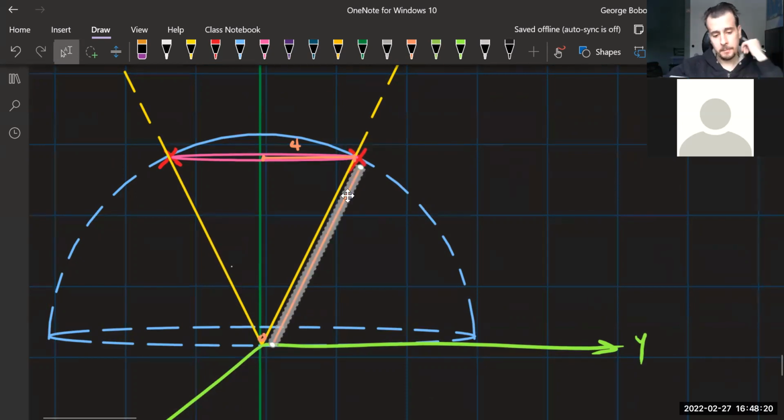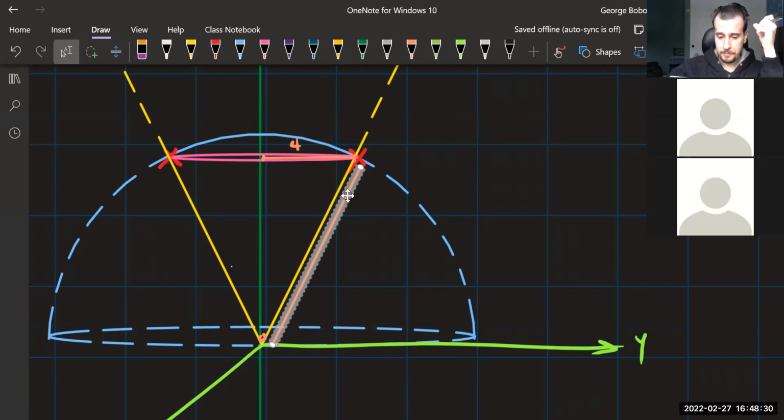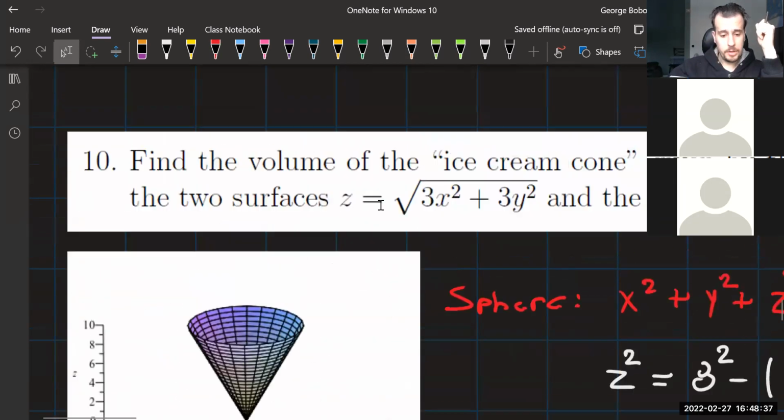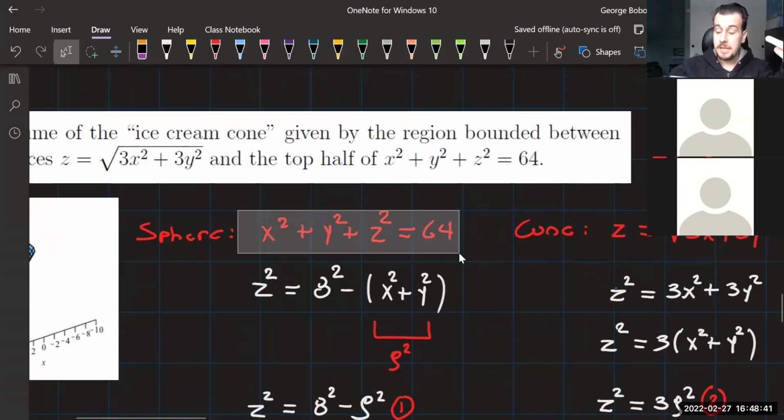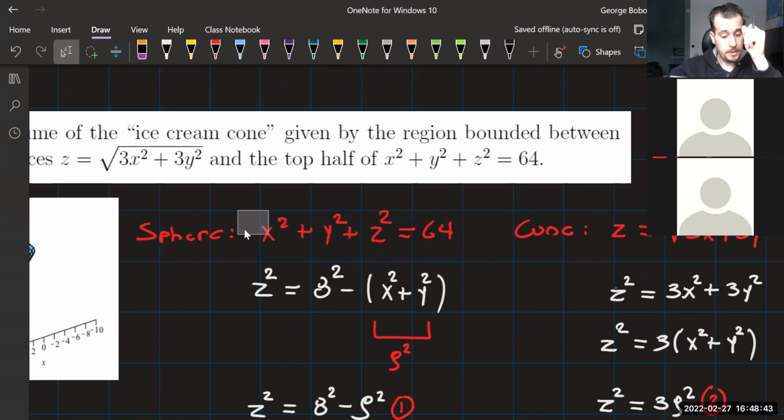So what could this be? Do you have it? The maximum value of R, the radius of the hemisphere, which you can obtain from the equation.